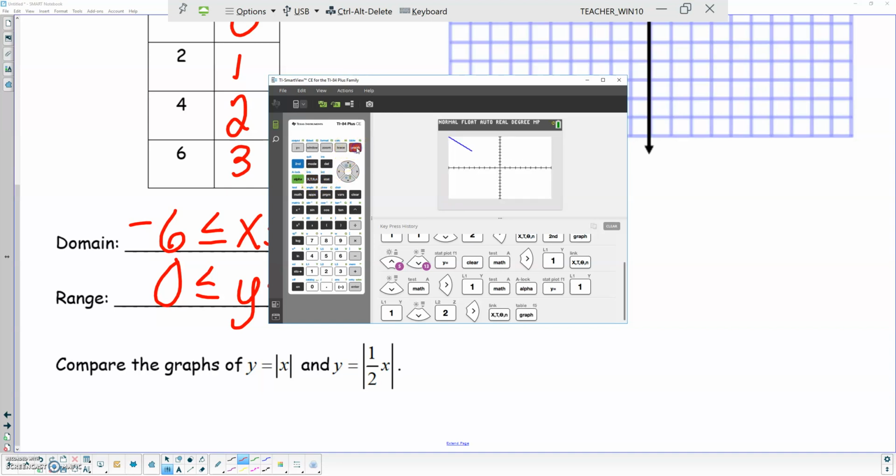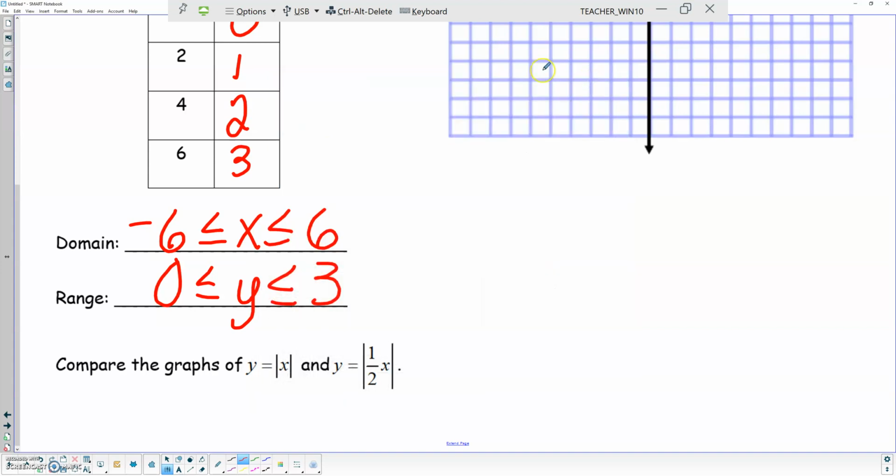Okay, so when I hit graph, there's y equals the absolute value of x. And in red, this is y equals the absolute value of 1/2 x. So you'll notice here the vertex stays the same, right? My vertex is still the origin 0, 0, but now the points move further away from the y-axis. All right, so this is something that we call a vertical compression.